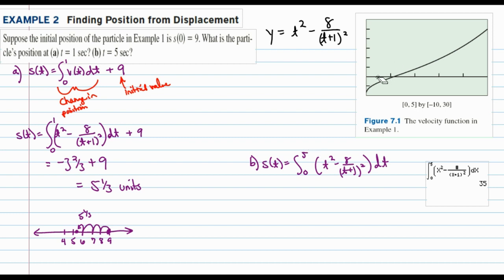Now it's going to go backwards for those 3 2/3 units, but it's also going to then go forwards a ways too, so I'm pretty sure this particle is going to be to the right of 9 units. So let's take the displacement and add on the initial position to get the total final position. Found that in my calculator, and I get the antiderivative from 0 to 5 of my equation is 35 plus 9, which means 44 units is where the particle will be at 5 seconds.